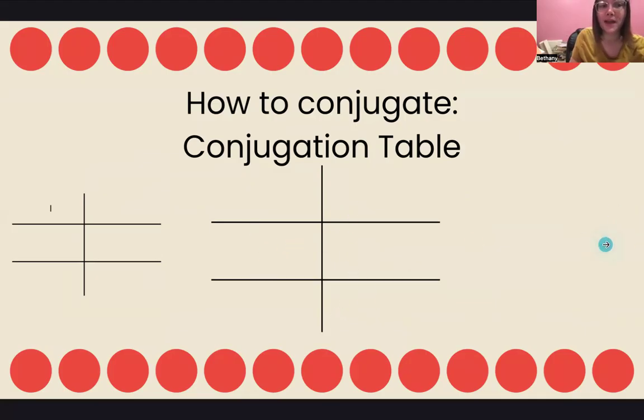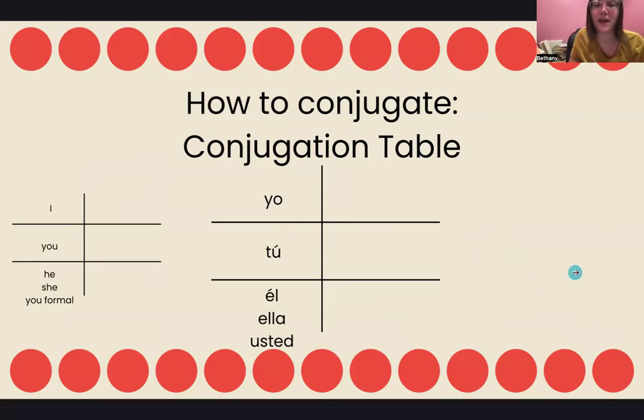We'll go through them. I in English, yo in Spanish; you in English, tú in Spanish; he, she, formal you: él, ella, usted. Oops, I think I said ustedes, but usted for that one.